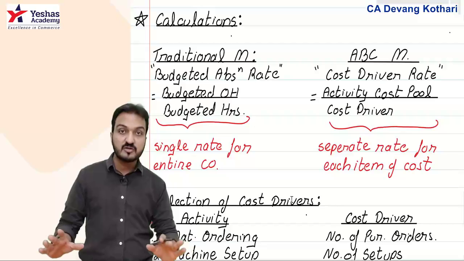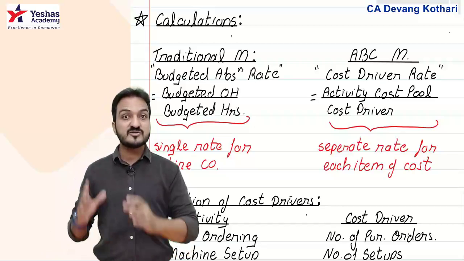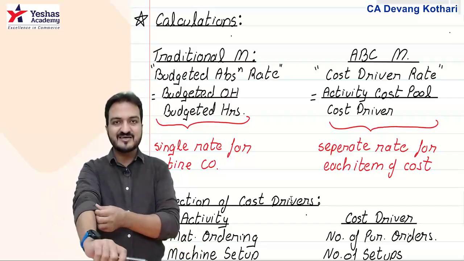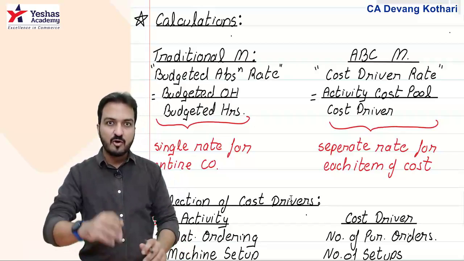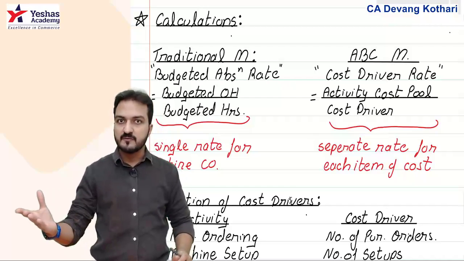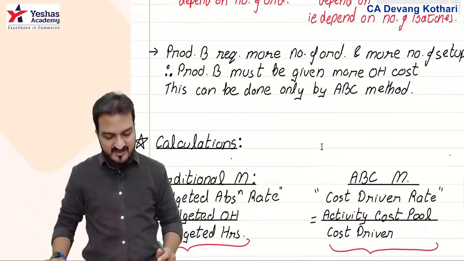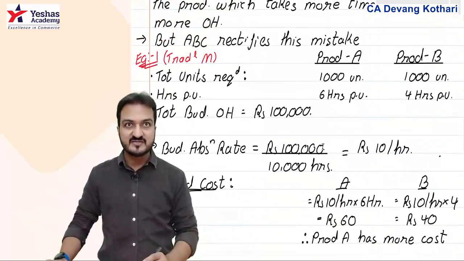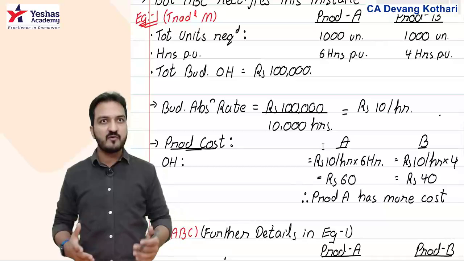So in today's session we are doing all calculations pertaining to activity based costing. But I hope you remember my discussion in yesterday's session on why the ABC method is better than the traditional method. To understand why ABC is better, I had given you this example. I'll give a short recap of that example.